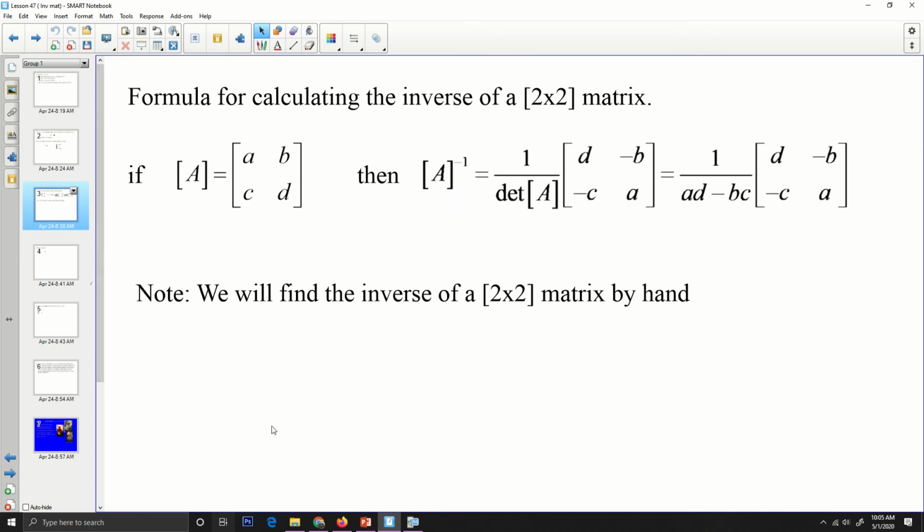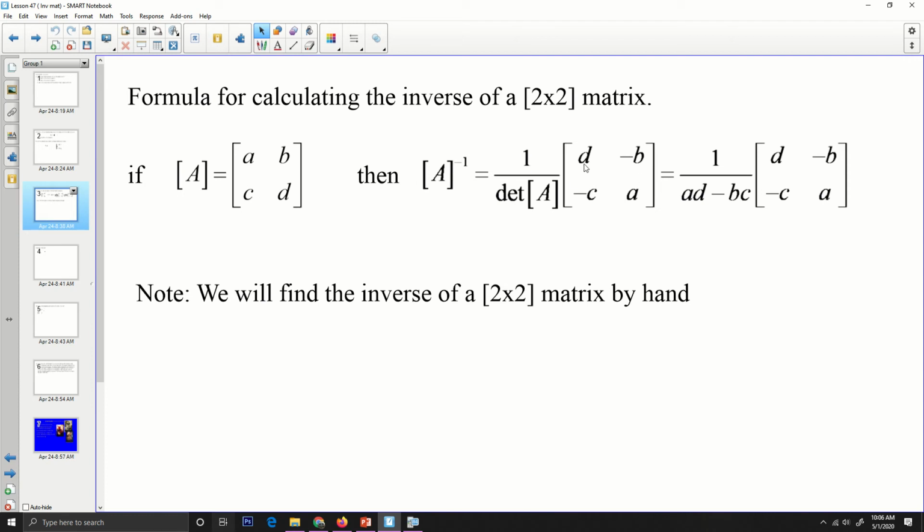All right, so the formula for calculating the inverse matrix of a 2 by 2, which you're going to be asked to show by hand, is this: if you have the matrix A, B, C, D, a 2 by 2 matrix, then its inverse, and remember, you denote inverse with this superscript of -1, is found by going 1 divided by the determinant of A, which is what we learned in the last section.